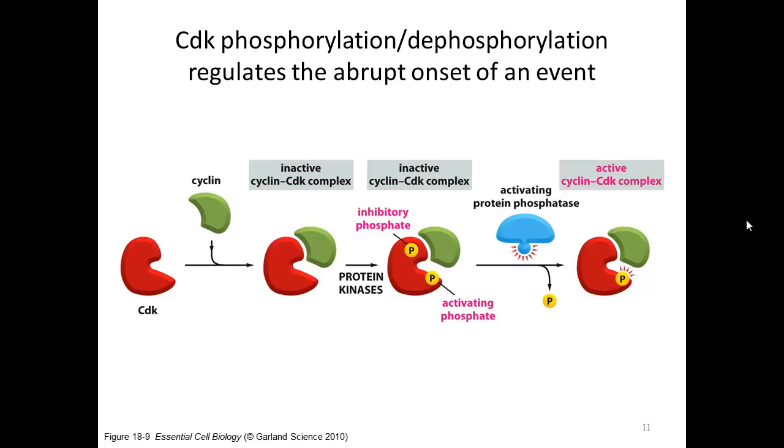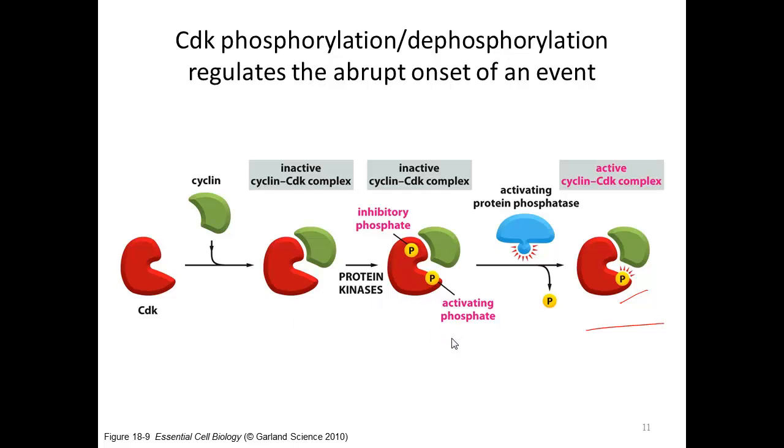Now in this slide we see a little bit of the molecular mechanisms of the activation of the cyclin CDK complex. And although the details here are a little bit more than you need to know, the CDK subunit itself is phosphorylated before it's activated. See here, it's not just the binding of cyclin to CDK that activates it.